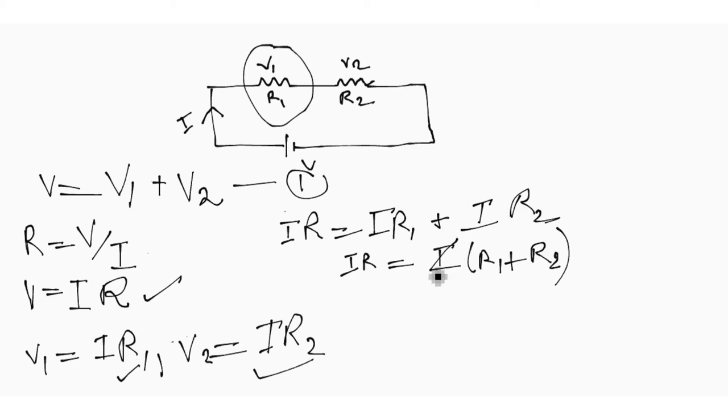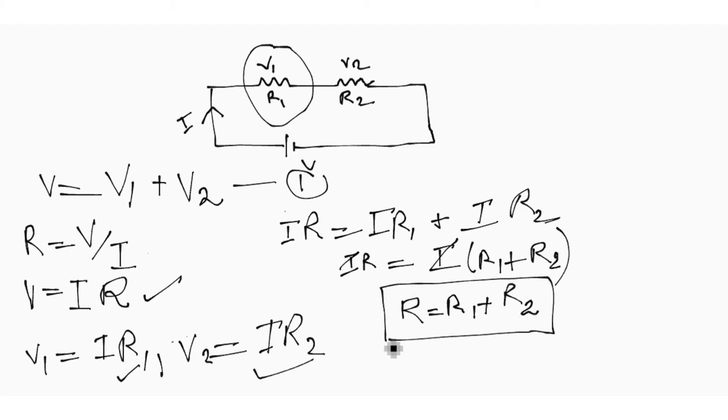So we can cancel out I from both sides. Then finally what we get is R is equal to R1 plus R2, which is the required relation for resultant resistance. So we can say that the resultant resistance in case of series combination of resistances is equal to the sum of all the resistances.